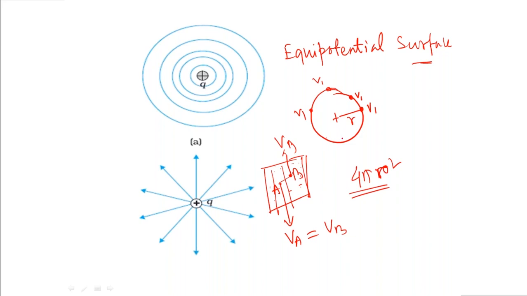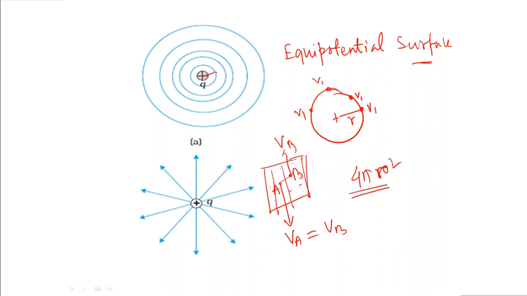So for a point charge, how does the equipotential surface look? It is a spherical surface, or spherical shell. They will be concentric spheres.